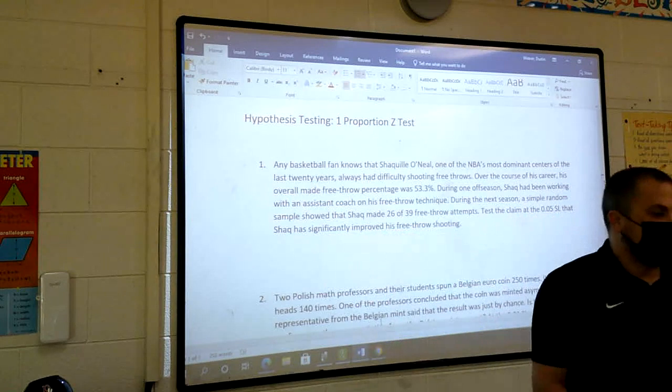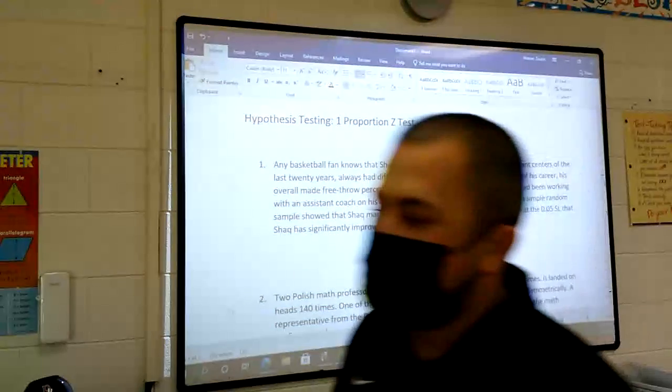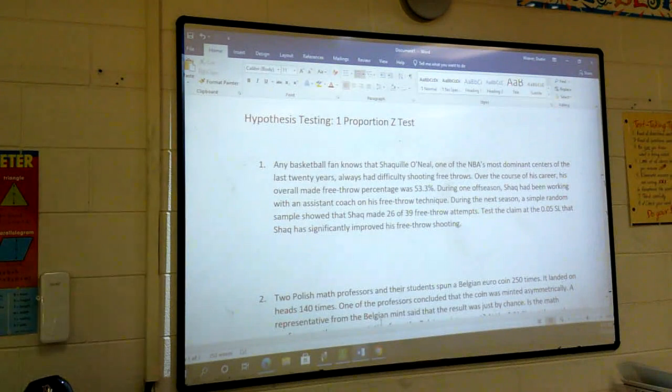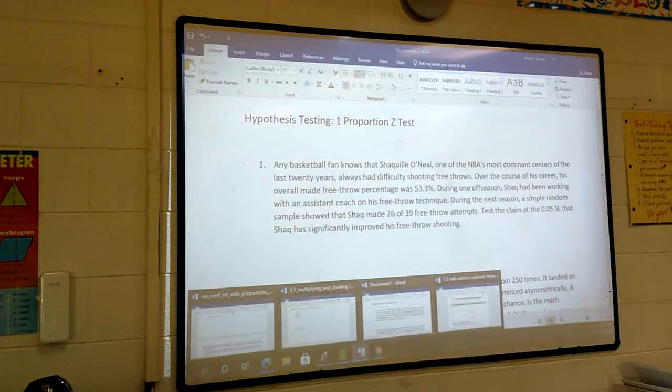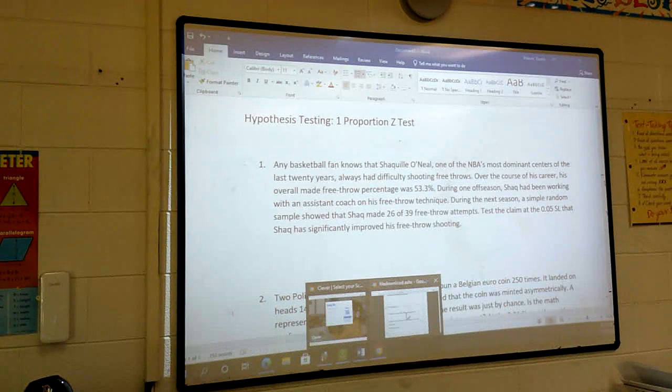So it tells us what direction we're testing for. Okay, so all three of those things are going to be important as we go through. And then the significance level that we're running the test at. All right, so let's go to the 4-step or the 8-step process.